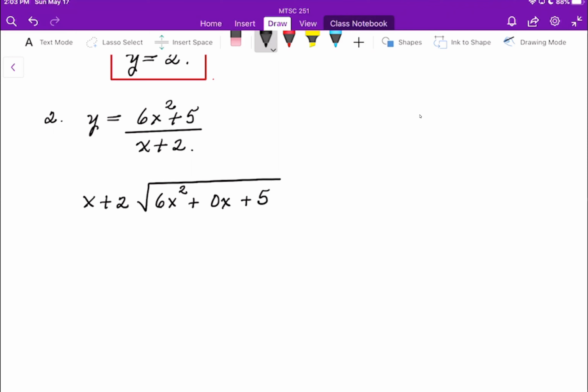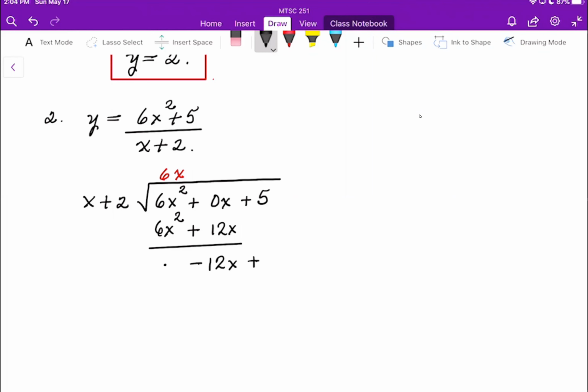So x goes into 6x squared 6x times, and 6x times x plus 2 is going to give us 6x squared plus 12x. Now we're going to subtract. So 6x squared minus 6x squared is going to give us 0. And then 0 minus 12x is going to give us a negative 12x.